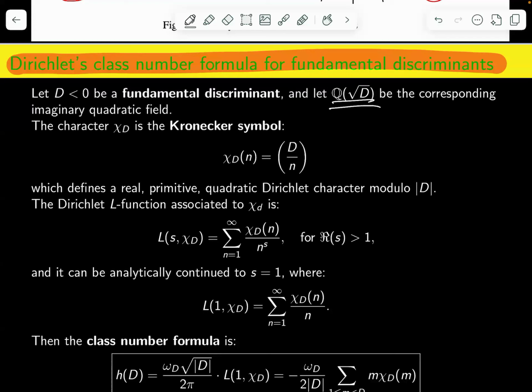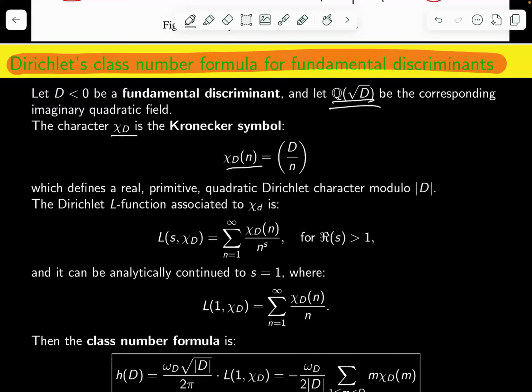Let's define the Kronecker symbol. That's a generalization of the Legendre symbol. In the Legendre symbol, you say that d and n are coprime, but here we just allow them to be any integers. And there are some axioms for how to define it. Then it defines a real primitive quadratic Dirichlet character modulo d.